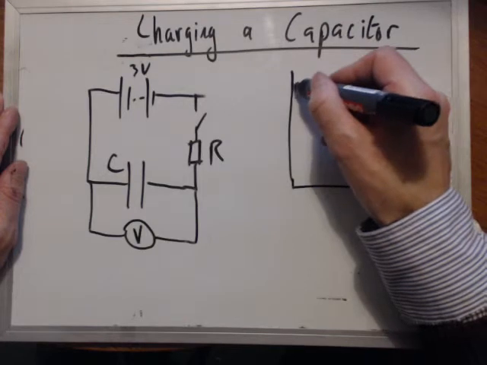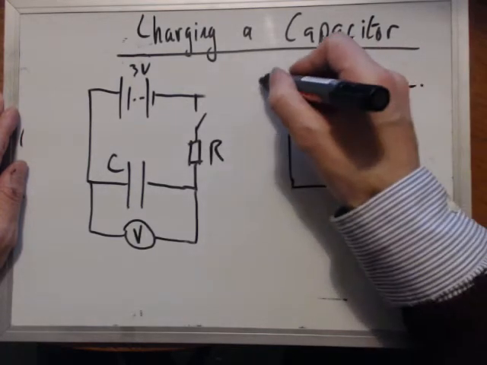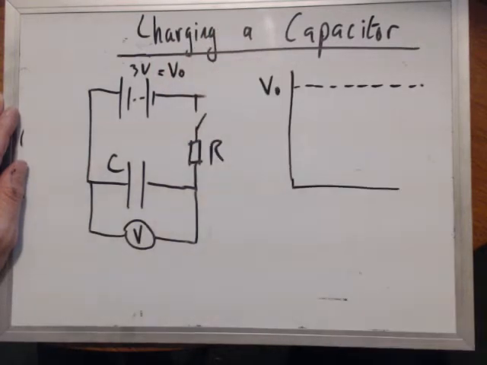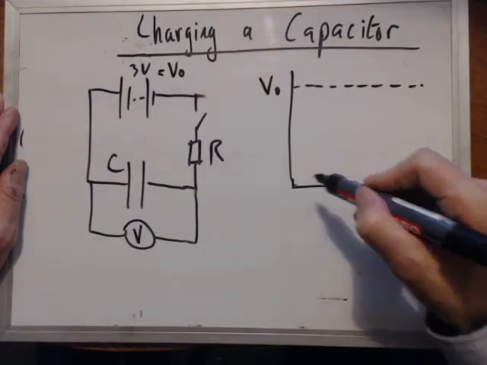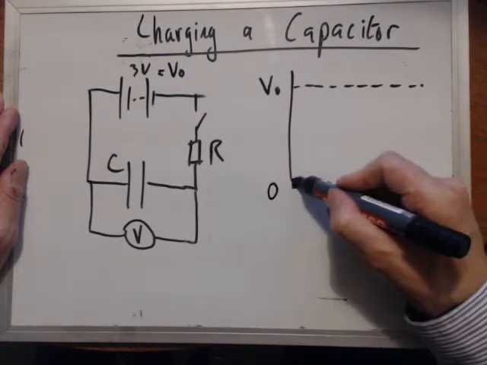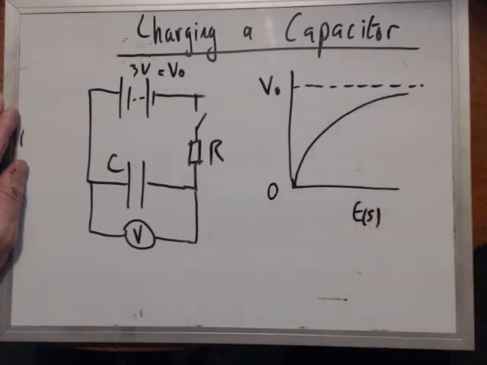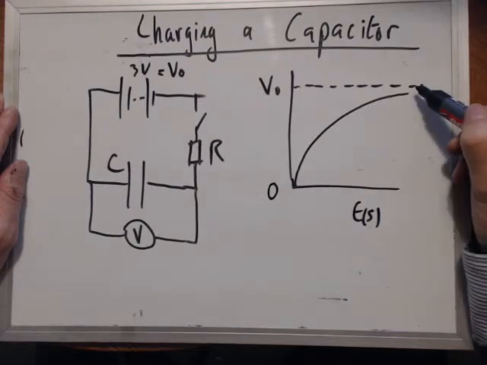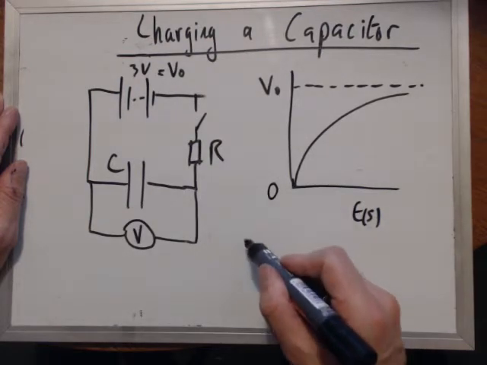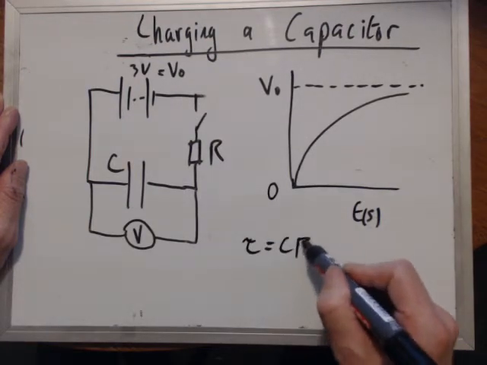Now the charging curve will rise to V naught, in this case 3 volts is the V naught, and it will rise from naught in time, seconds, like that. Theoretically it'll never reach 3 volts. And this time we have a time constant, tau equals CR.